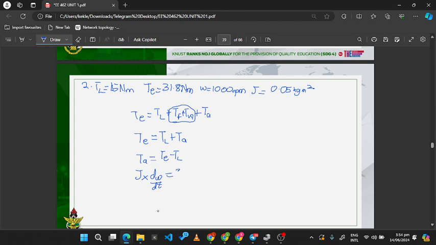So that will be given by 31.8 minus 15 over 0.05, which then gives 336.